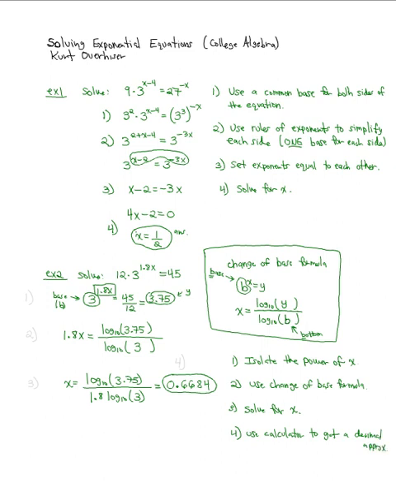So putting those steps together, step 1 would be here, isolating the power of x, that's 3 to the 1.8x power. Change of base formula is right there, step number 2. Step 3 is to solve for x. And then step 4, I type that into the calculator to get a decimal approximation.